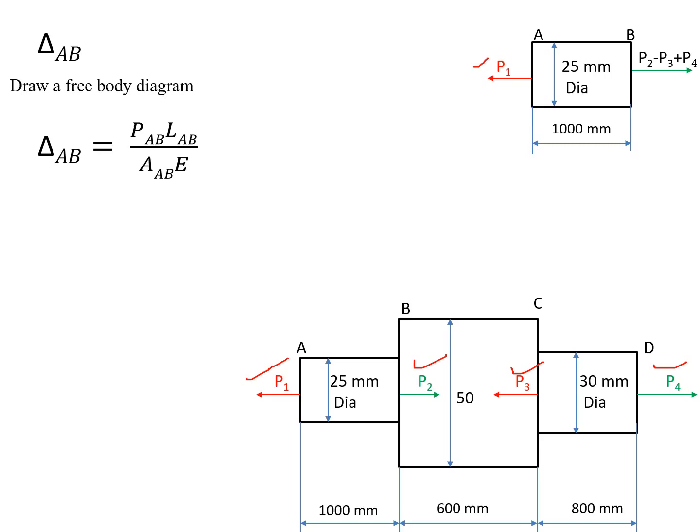Similarly, P2 is tensile, so plus P2, P3 is compressive so minus P3, and P4 is tensile so plus P4.